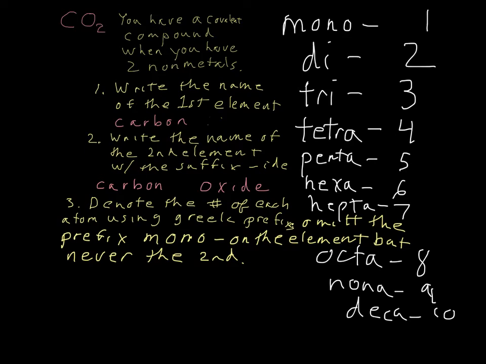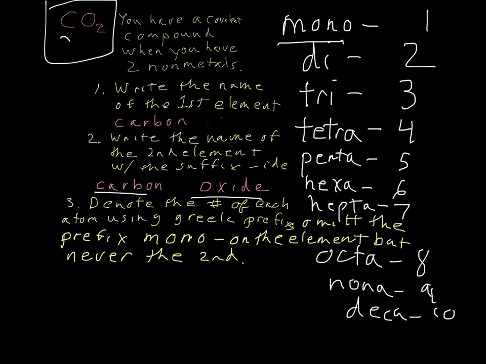So if we look at our molecule here, we have carbon and oxygen. So we have carbon oxide, and now we need to denote the number of each. We have 1 carbon. We would use the prefix mono, except carbon is the first element. By convention, you never use the prefix mono on the first element. You do, however, have to use it on the second element.